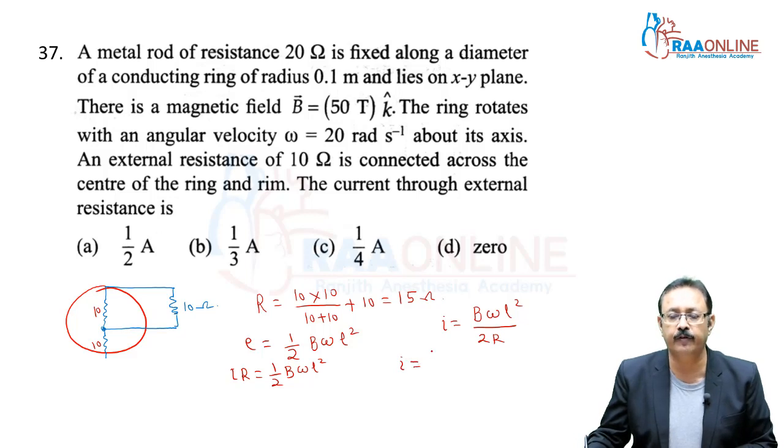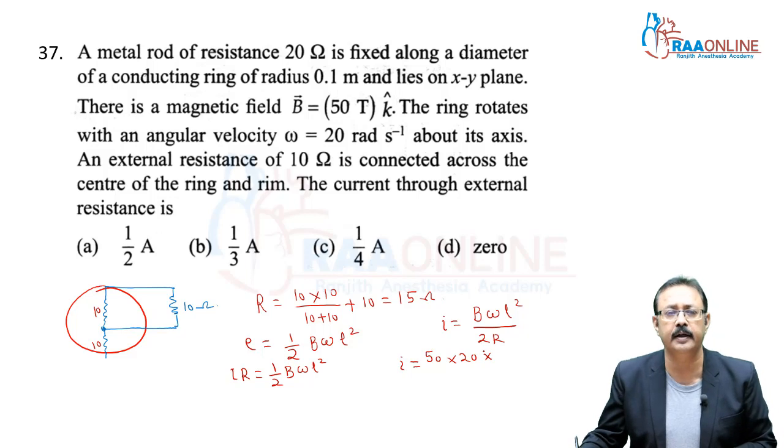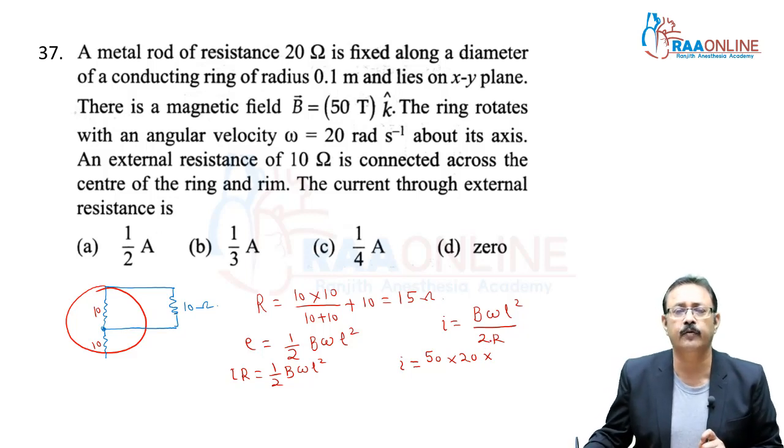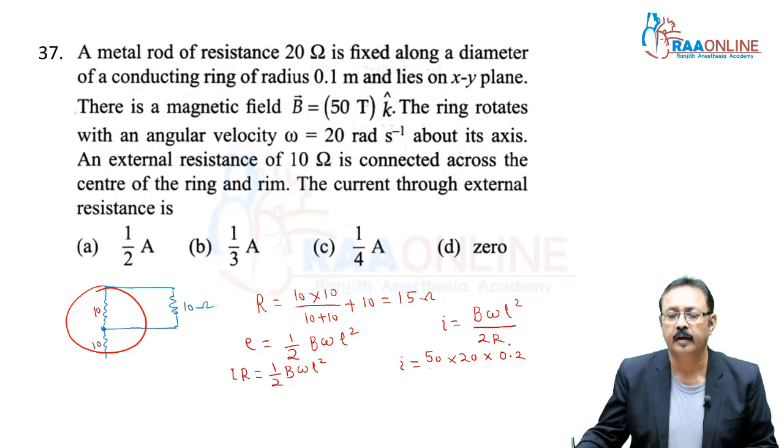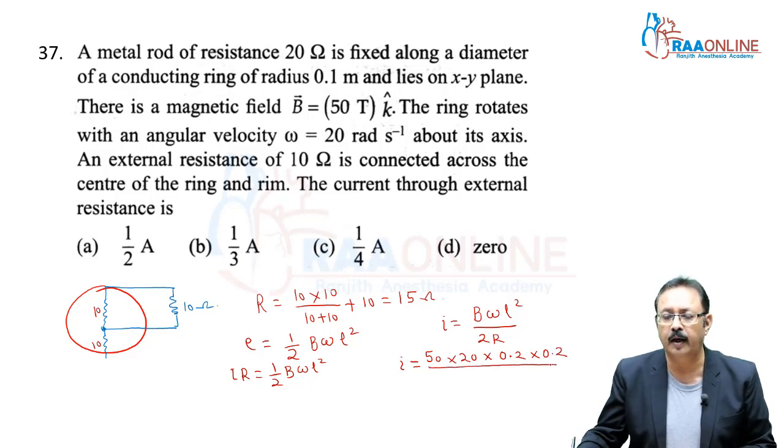What is B? 50 Tesla. What is omega? 20 radian per second. What is L? Rod's length is equal to diameter, means 0.1 into 0.1, 0.2. 0.2 into 0.2, over 2R, R is 15.